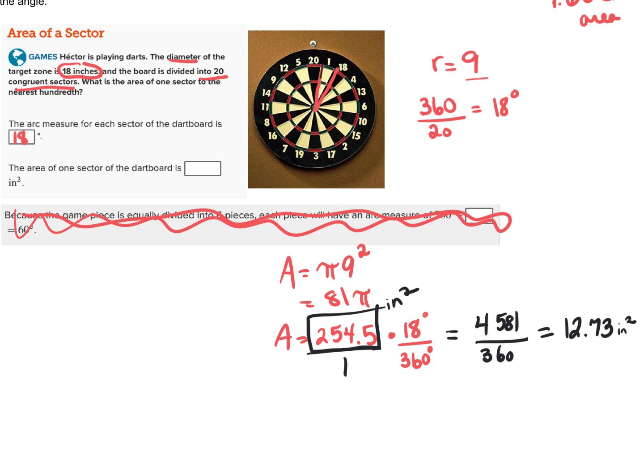And just that single little sector that's 18 degrees is represented by 12.73 inches squared of the total.